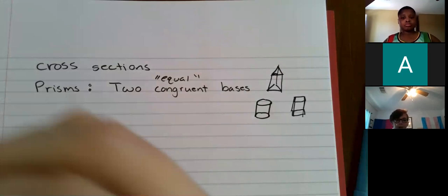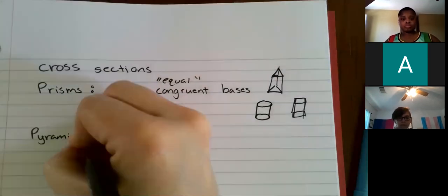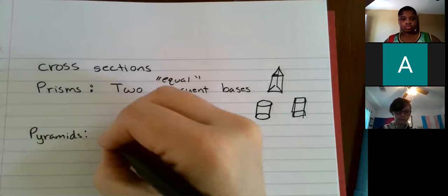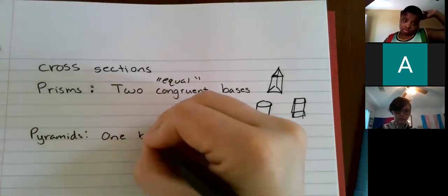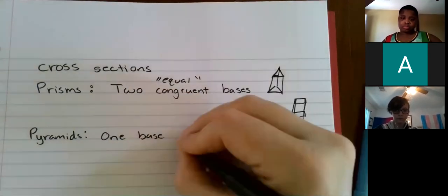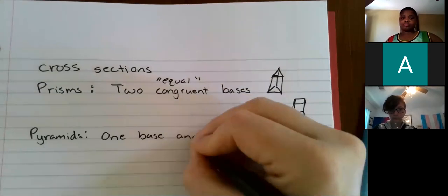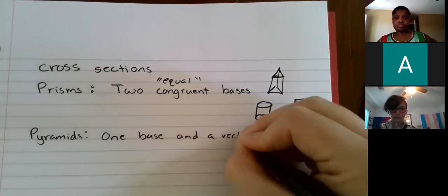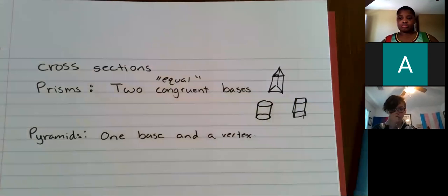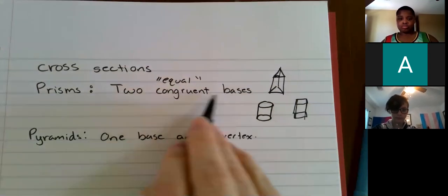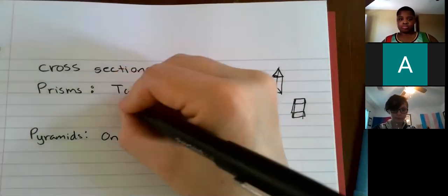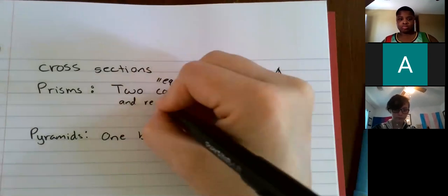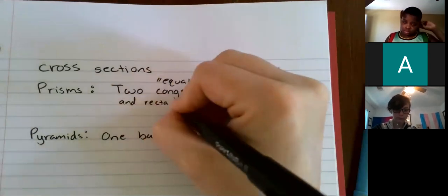Okay, and then we've got pyramids. A pyramid has one base and a vertex. Okay, so with prisms, we had two congruent bases, and then we had rectangles to connect, right?